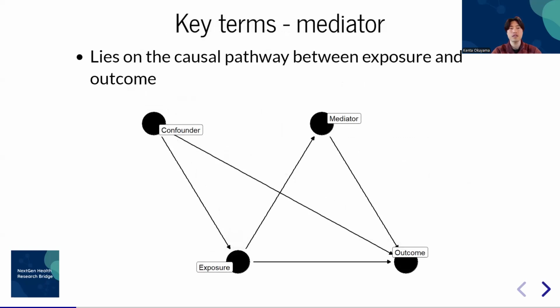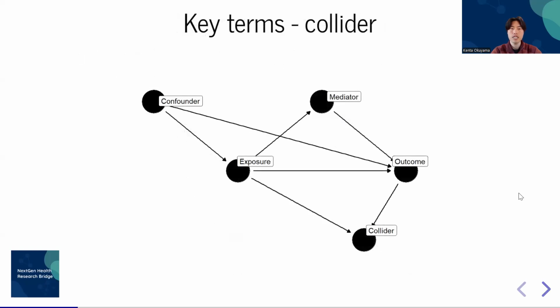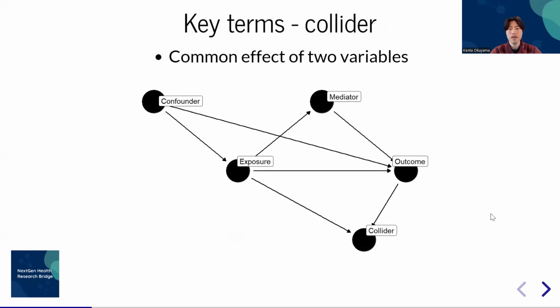That is something that lies on the causal pathway between exposure and outcome. And the third one is collider. That is a common effect of two variables, in this case, exposure and outcome. And you see the two arrows are collided at the collider variable.